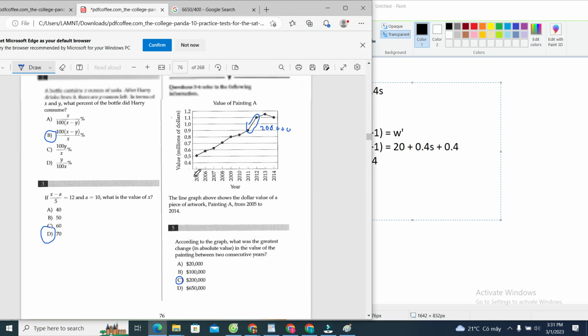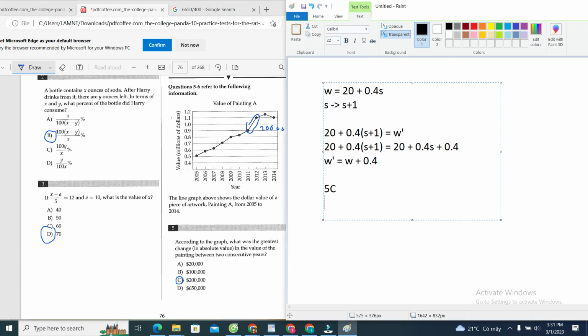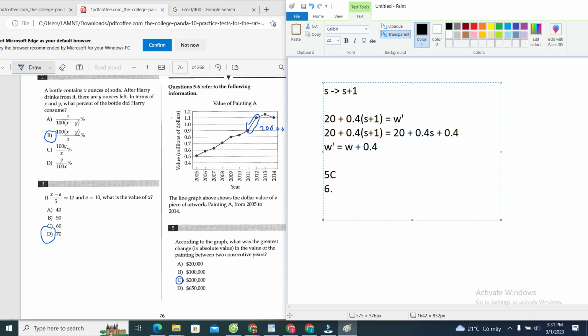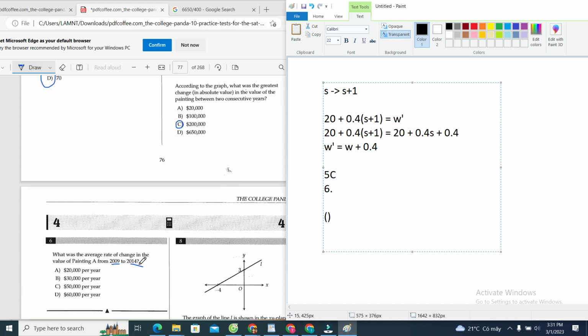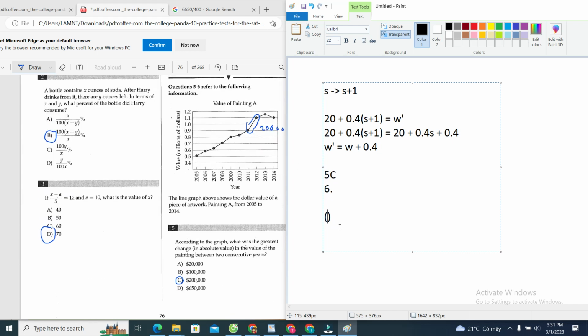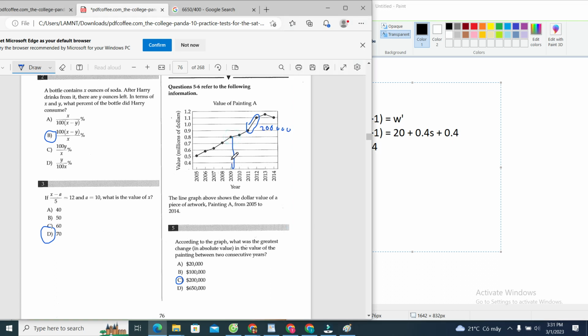Average rate of change, I'm gonna calculate by taking the number in 2014 minus the number in 2009. In 2014 we got 1.1, and in 2009 we have 0.8, and that's a gap of 5 years.